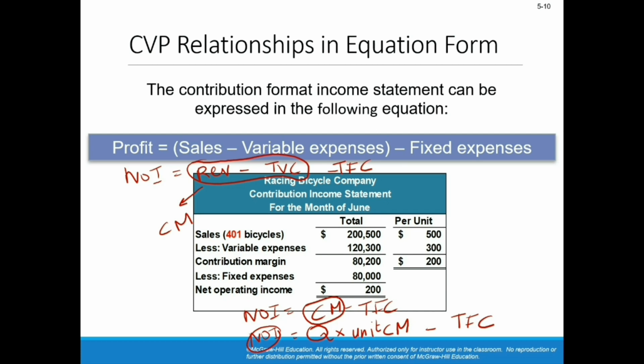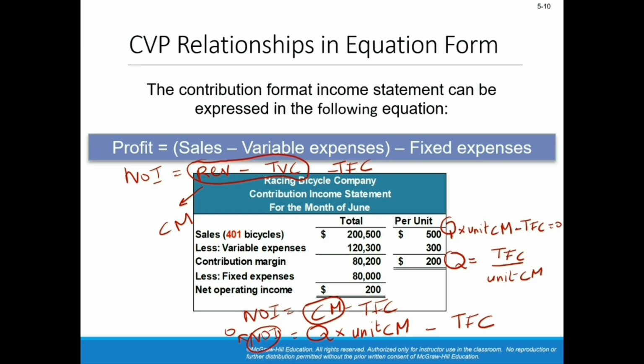So you can simply replace this with a zero and say that Q multiplied by unit CM minus total fixed cost should be equal to zero. Therefore, my number of units that needs to be sold in order to attain a profit of zero is equal to total fixed cost divided by unit CM, right? So I'm simply rearranging the equation.